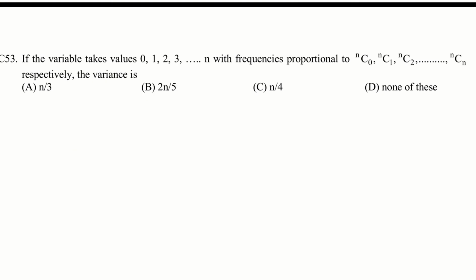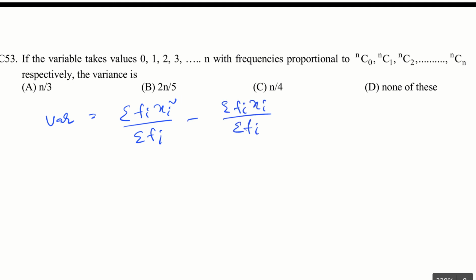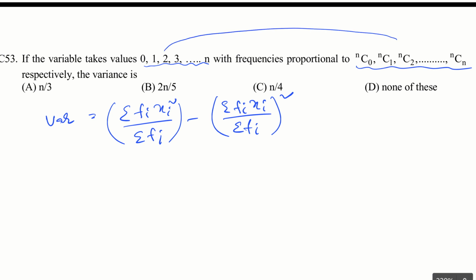Okay, in this problem, let's first write the formula for variance. Variance is equal to sigma fi xi square by sigma fi minus sigma fi xi by sigma fi whole square. That is the formula. Now, these are xi's and it is given that the frequencies are proportional to these things. So if this is xi, then this will be k times nc2, like that.